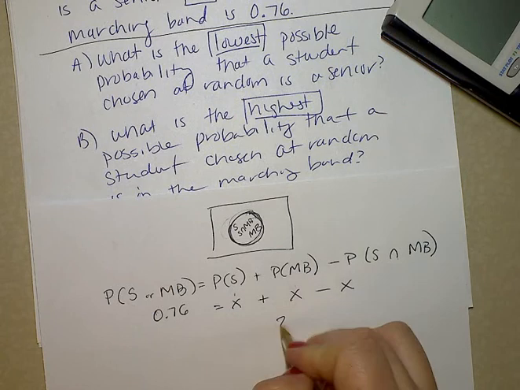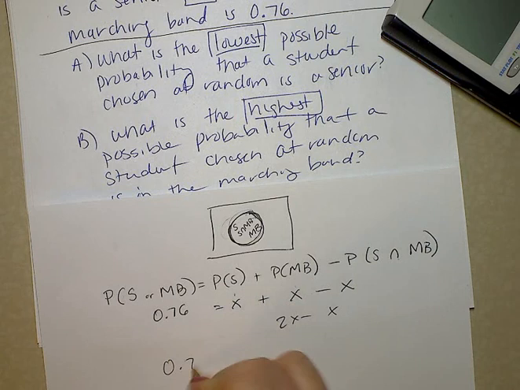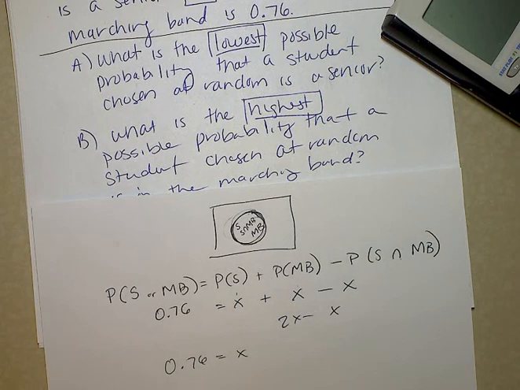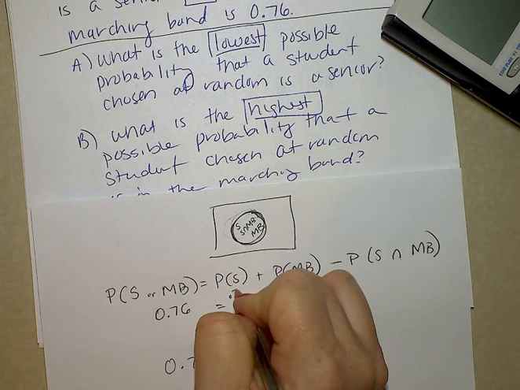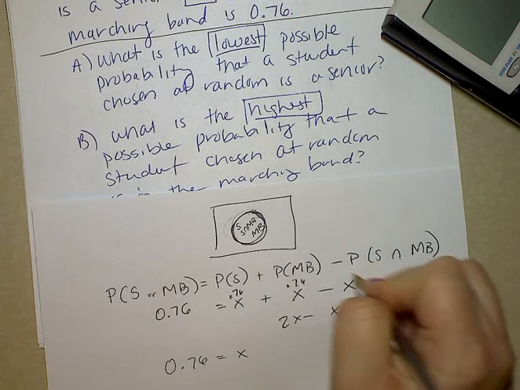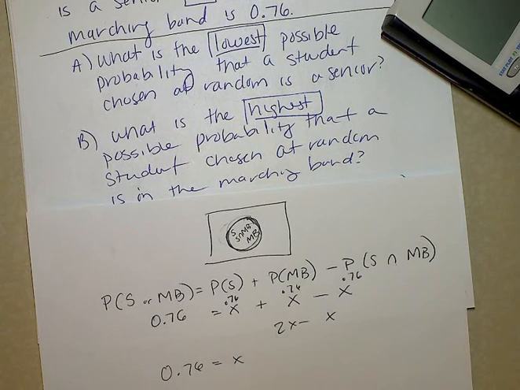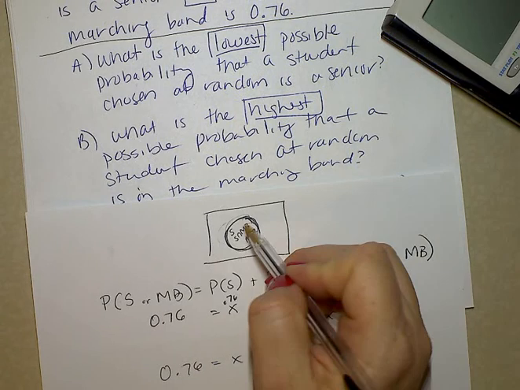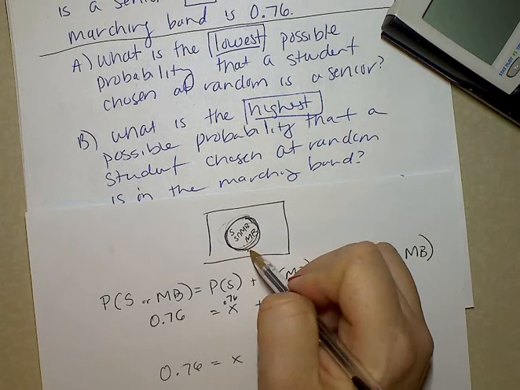But 2X minus X is just 1X. So what is X actually equal to? 0.76. I can go above this and write 0.76, 0.76, 0.76. That means this circle is 0.76.